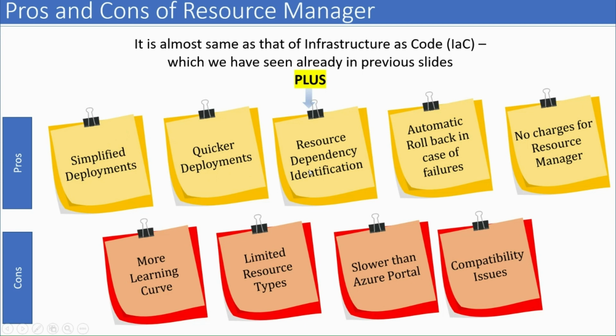When you are writing IaC as code, you can understand and analyze the resource dependencies. Fourth and most important, during the deployment process, if there is a failure, it is very easy to roll back to the previous state. That is considered one of the major advantages when you are using ARM or Resource Manager services.